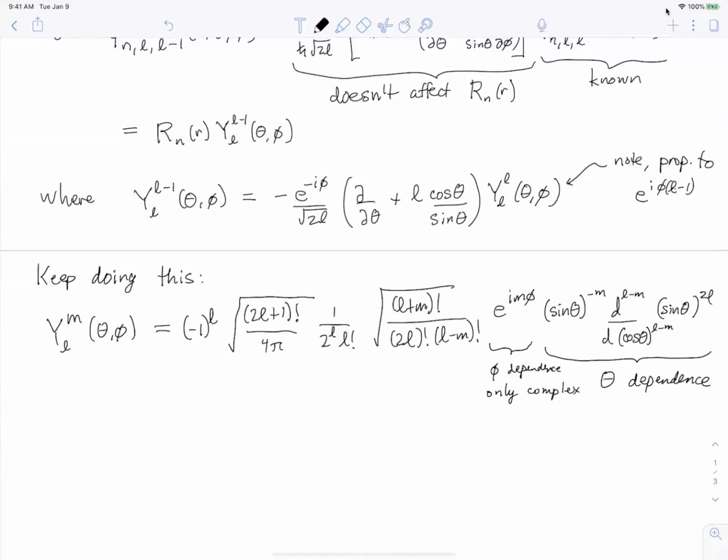Everything else in the expression is real. Then there's this ugly part here, which is normalization. And then there's the minus 1 to the L part, which was an arbitrary phase convention.